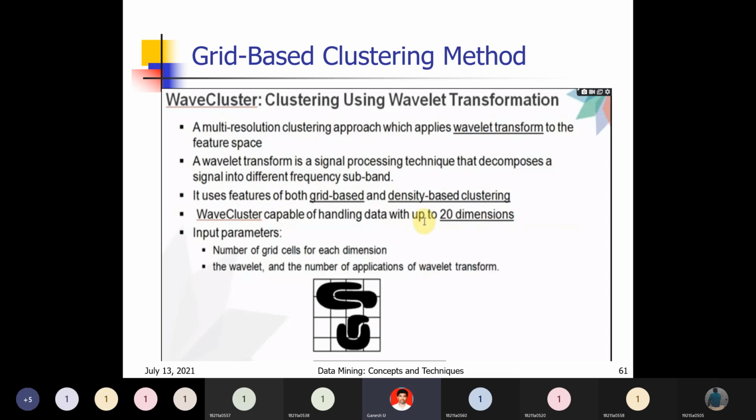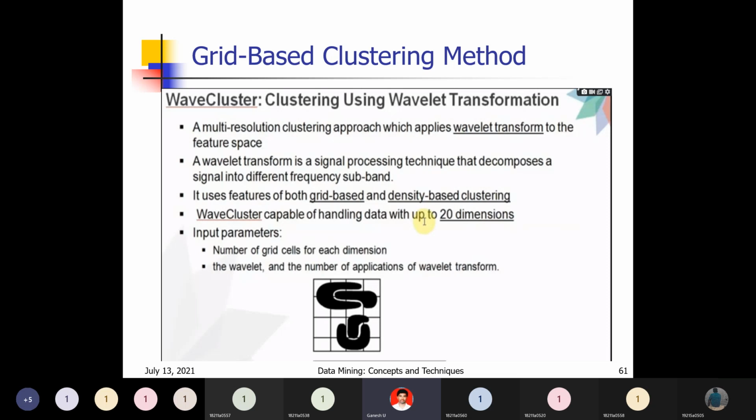It is a multi-resolution clustering approach which applies wavelet transform to the feature space. For the feature space of the data set, you are applying the wavelet transform. Wavelet transform is another technique. In image processing, wavelet transform is a familiar approach we use for several applications in digital image processing.